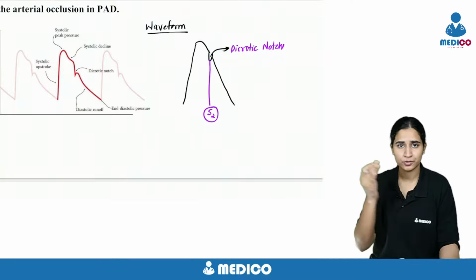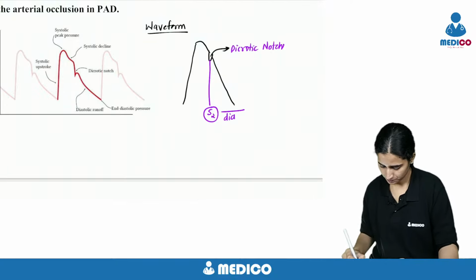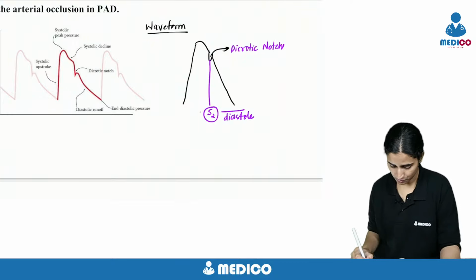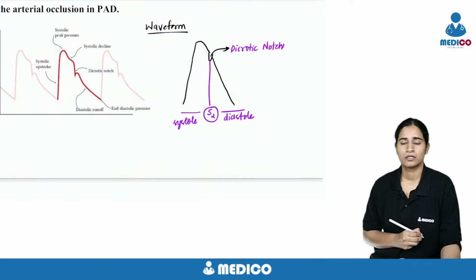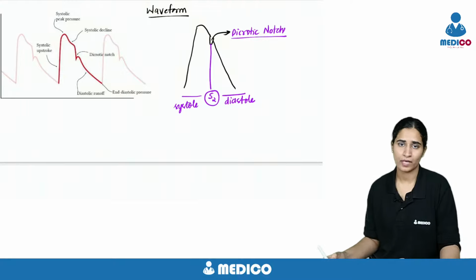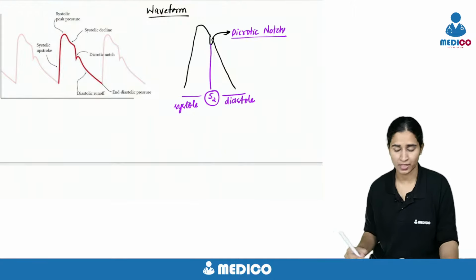So after the dicrotic notch, whatever it is, is diastole. Before that notch, whatever it is, is systole. So why this notch? It's because of the closure of the aortic valve. Aortic and pulmonary valve closure is nothing but S2, right?